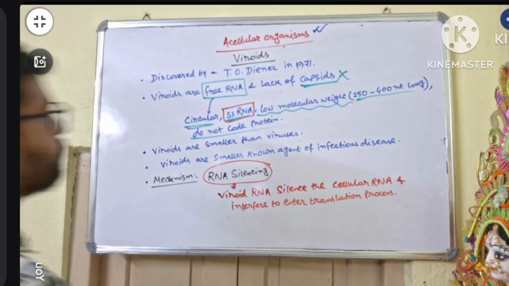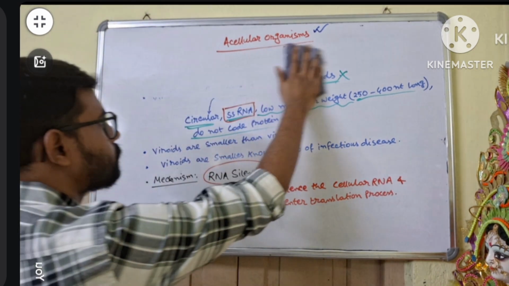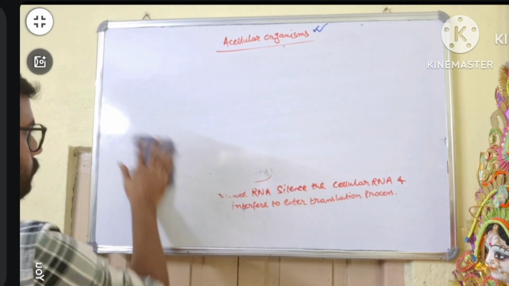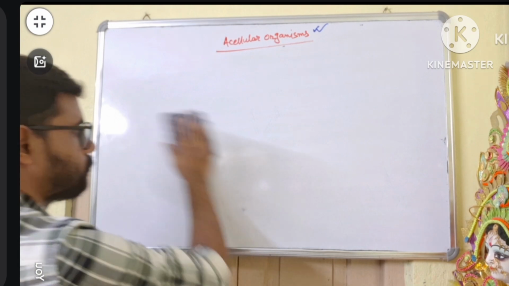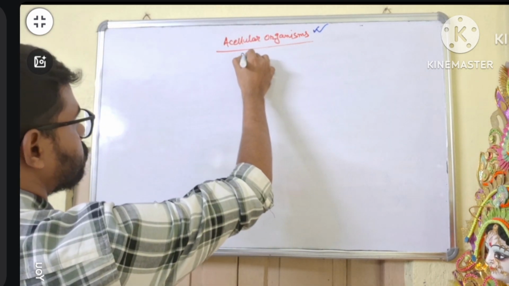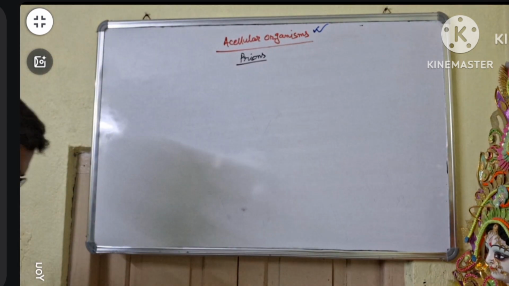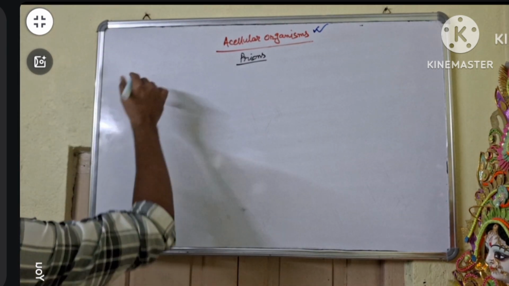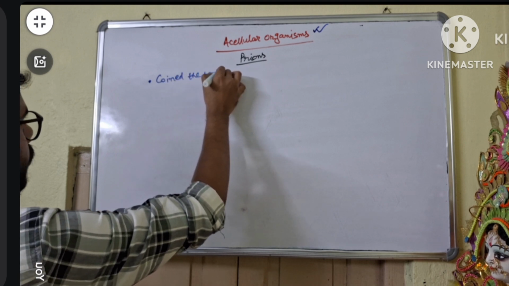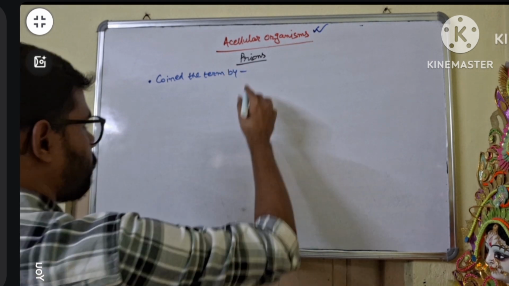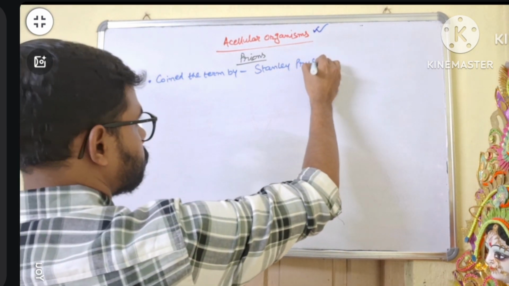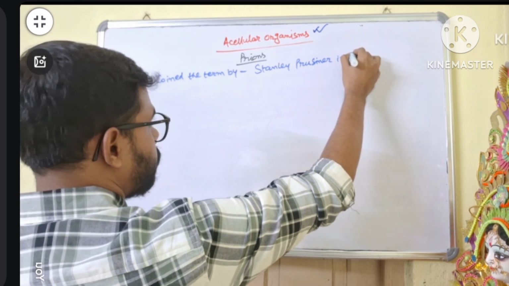And next and last acellular organism, prions. The term prions was coined by Stanley Prusiner.